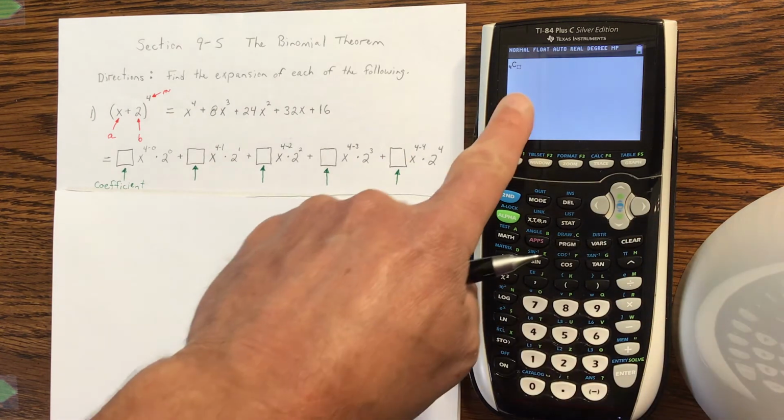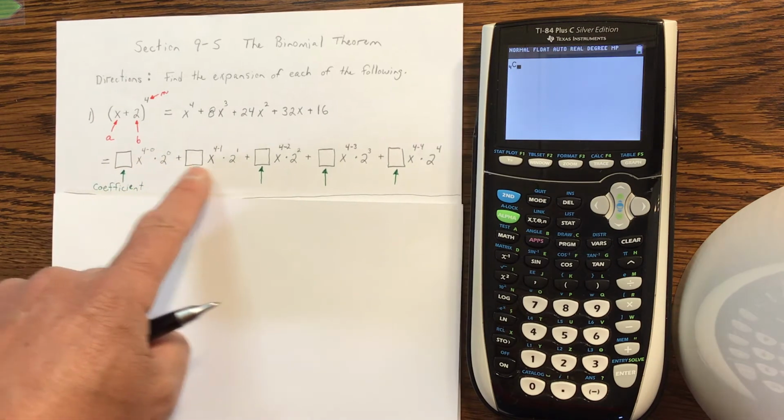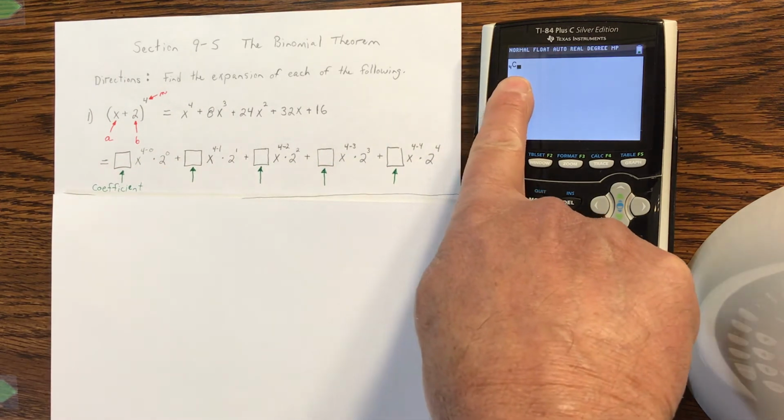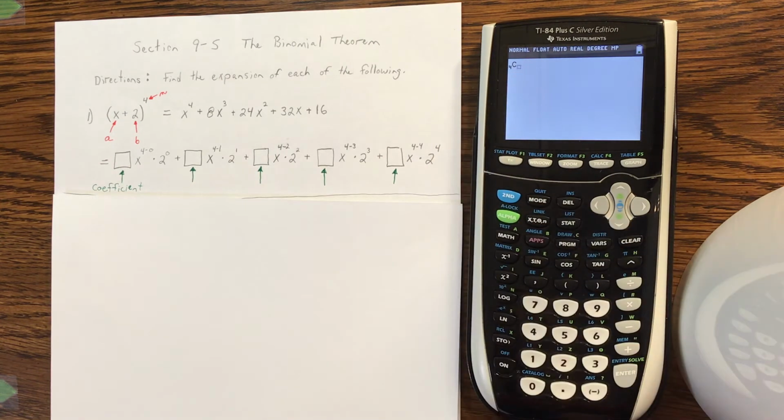In order for us to find the 5 coefficients, we have to set this problem up so we can find all 5 of them. To do that, we have to use different parentheses.